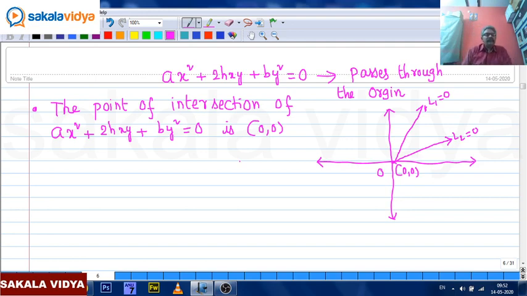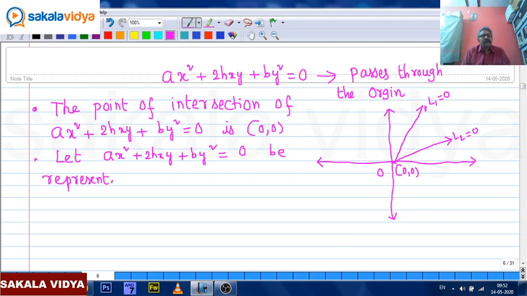For example, let ax square plus 2hxy plus by square is equal to 0 be represented by L1 is equal to 0 and L2 is equal to 0, both passing through the origin.